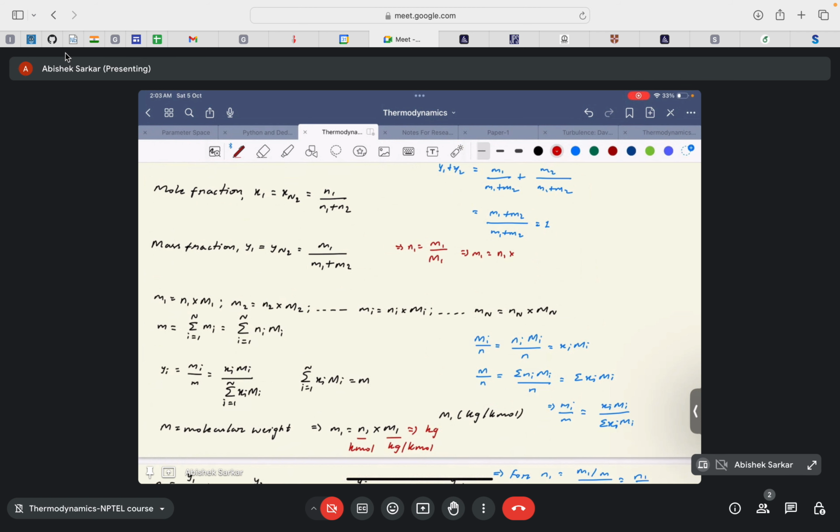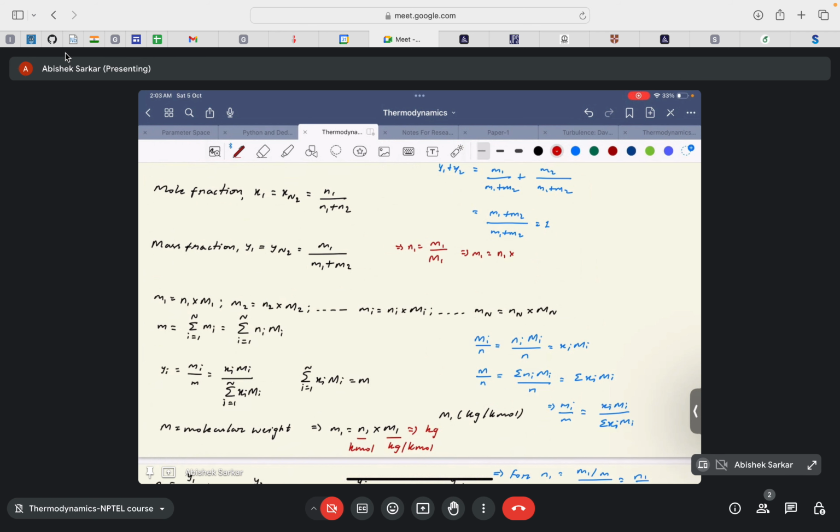So y1 by M1 would be equal to mass m1 divided by capital M1. Now in this ratio, if the total mass of the mixture is equal to 1, then you will get that n1 is basically equal to y1 by M1. So keeping that consideration in these derivations, you can write n1 is equal to y1 by M1.